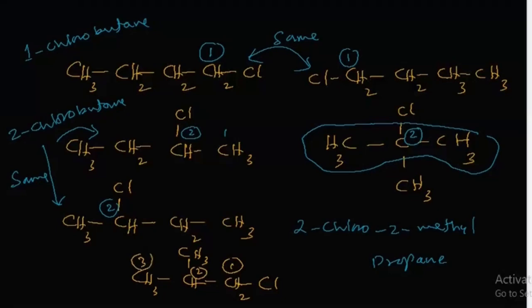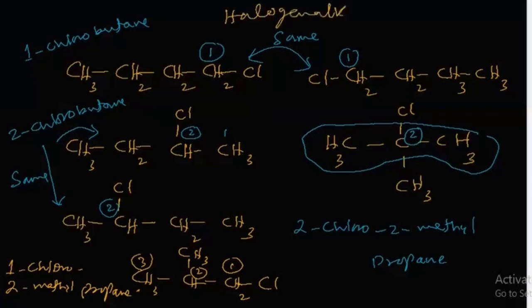So it is 1-chloropropane with a 2-methyl, or 1-chloro-2-methylpropane. This is 1-chloro-2-methylpropane. Okay, so I have changed either the length of the carbon chain or the position of the functional group. And this was actually regarding halogenoalkanes.